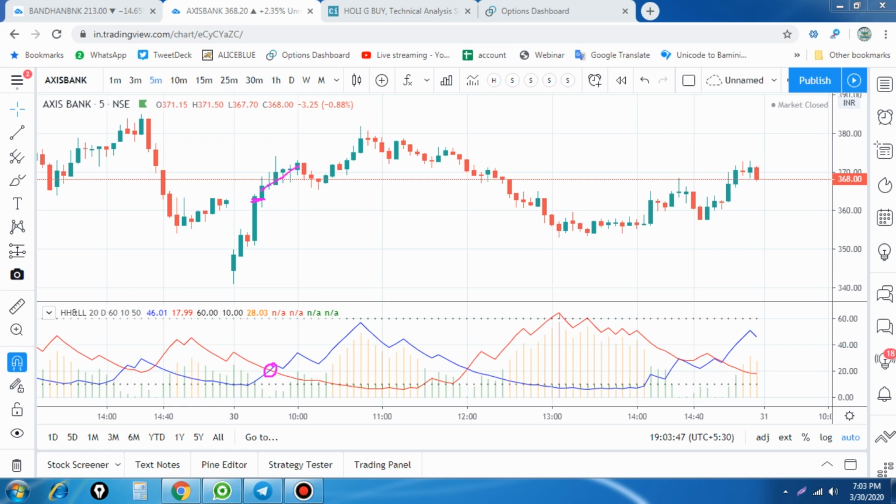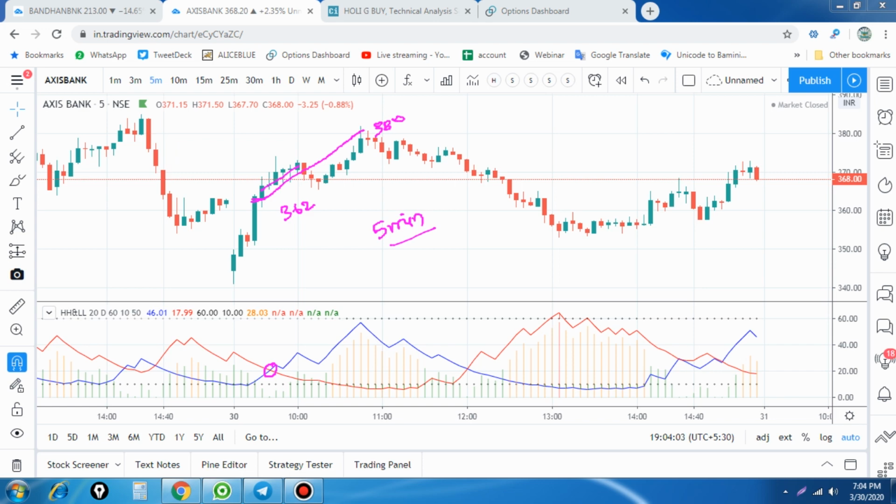Here it moves around the 362 level, and from 362 it went up to 380 on an intraday basis. This is a 5-minute chart of the Axis Bank equity chart, and it keeps going up and up.